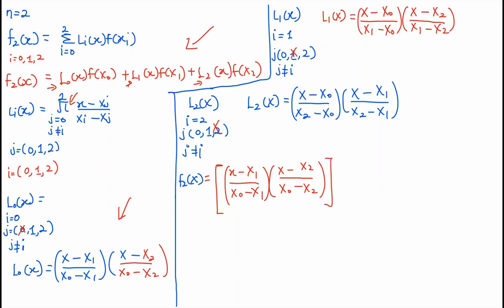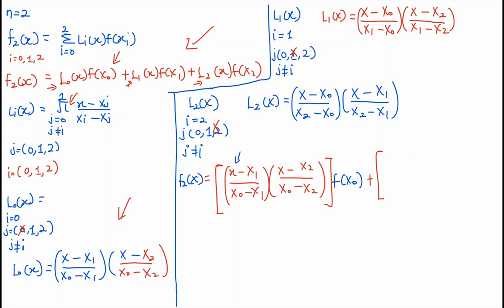Okay, so you're going to multiply by f of x naught, right? So let me write this down. Multiplying f of x naught. Okay, so don't forget all the values will be known, based on the question, but it's only the x that will not be known. Okay, so you have this here. So this plus L1 of x, right? You know our L1 of x, so let's bring that also in.